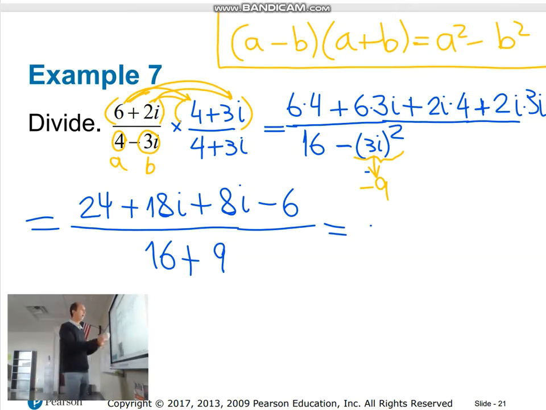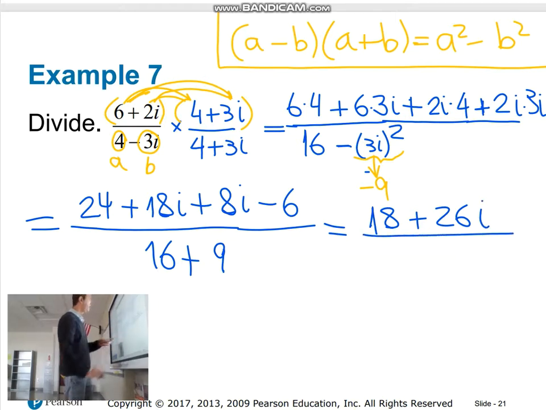24, combine like terms, 24 minus 6, 18, right? And positive 18i plus 8i is 26i. And at the bottom we have 16 plus 9, 25. This is the answer.